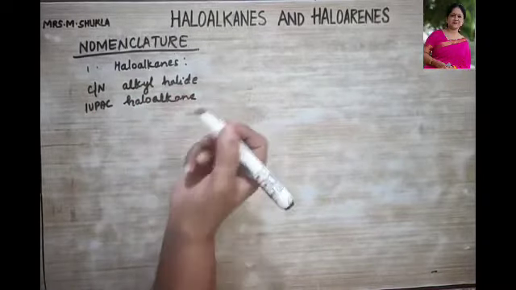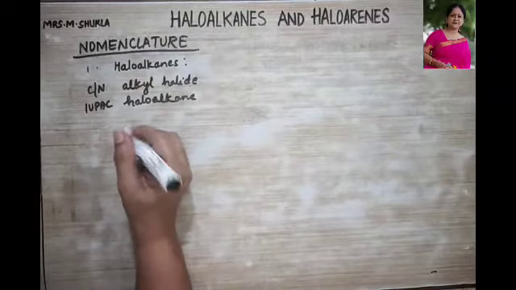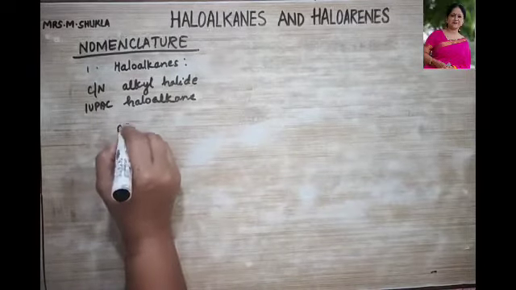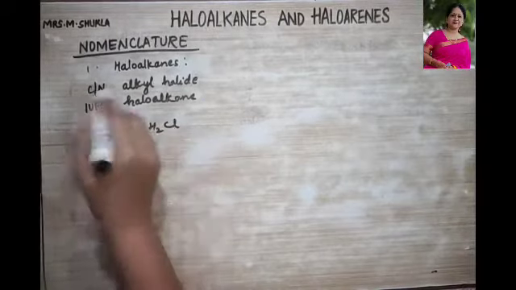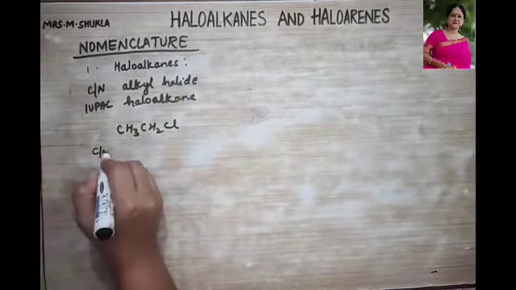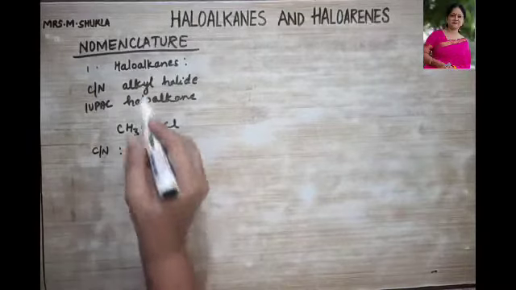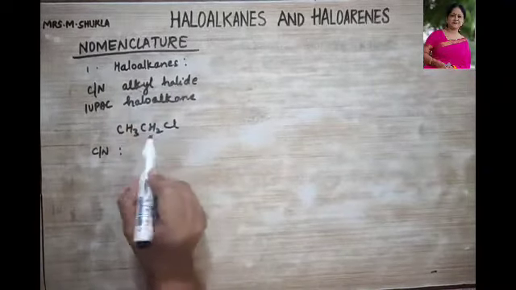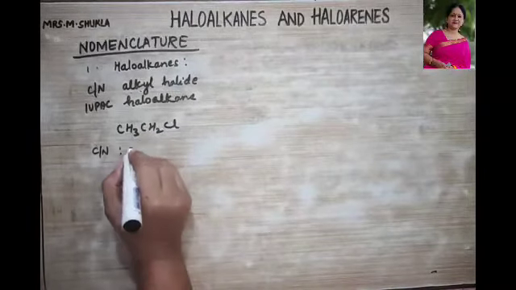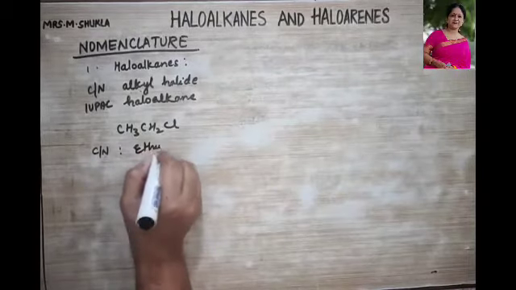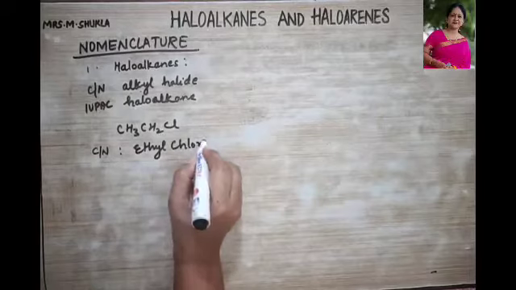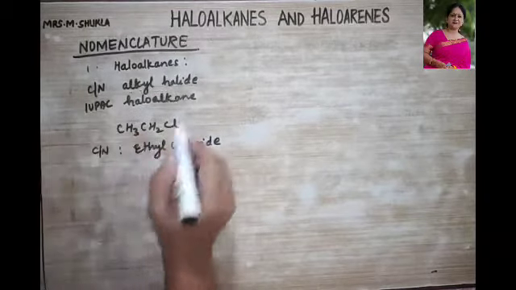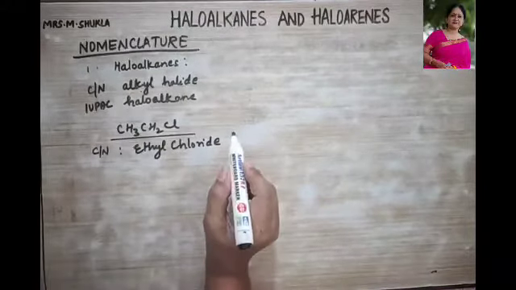Okay. Take 2 examples over here. For example, if I have to write down CH3CH2Cl, what will be the common name to it? The common name will be alkyl halide. Now alkyl means methyl, ethyl, right? So this becomes ethyl chloride. Ethyl chloride is the common name of this particular compound.